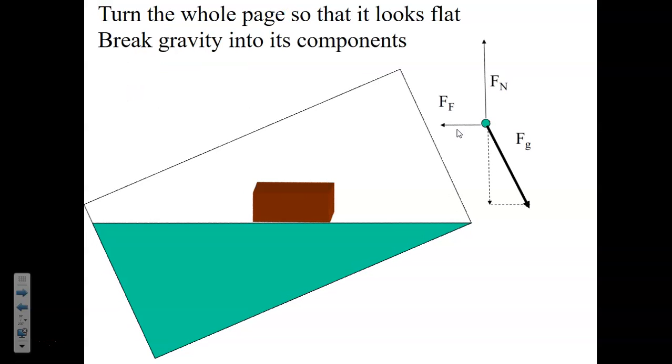One thing I want you to make note of when you do this: notice that the right angle is opposite the force of gravity, so the hypotenuse is the force of gravity, and the 90 degrees is across from it. The normal force and this component of gravity are parallel, and so are this component and the force of friction. This is a component that's perpendicular to the hill, and this is a component that's parallel to the hill.